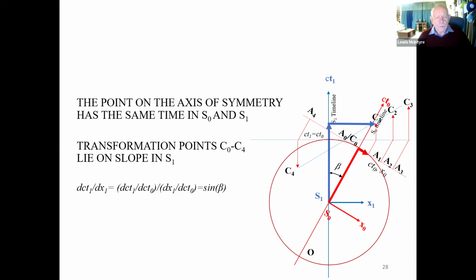Points to the left of the axis of symmetry will be observed earlier in S1 compared to S0, as shown by A4 and C4. The transform points lie on a slope in S1, which is equal to the sine of beta.